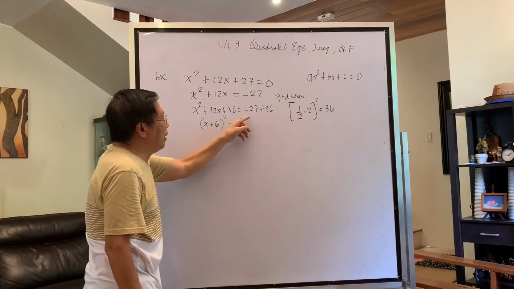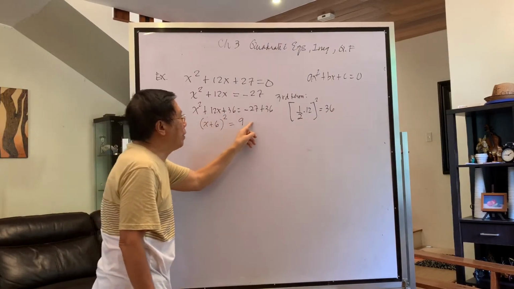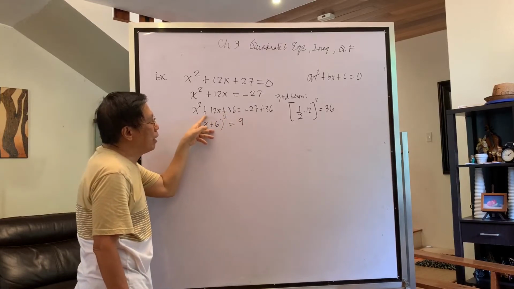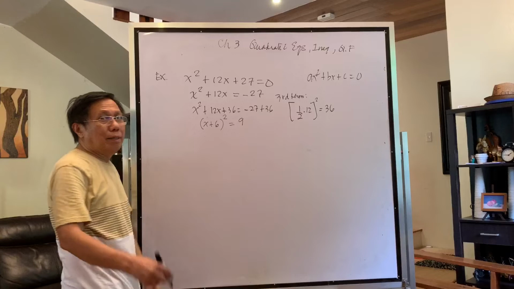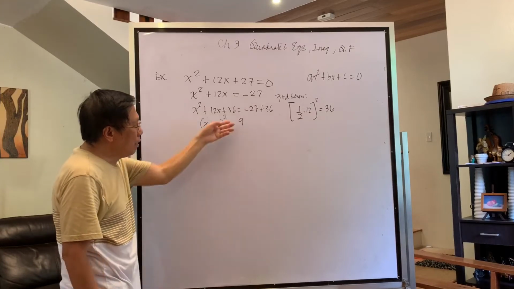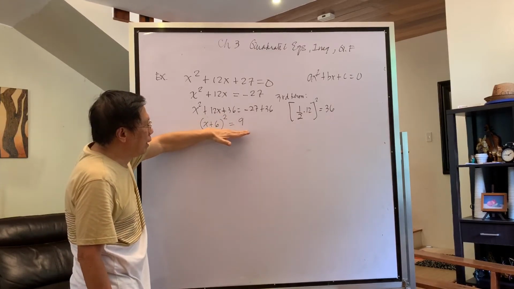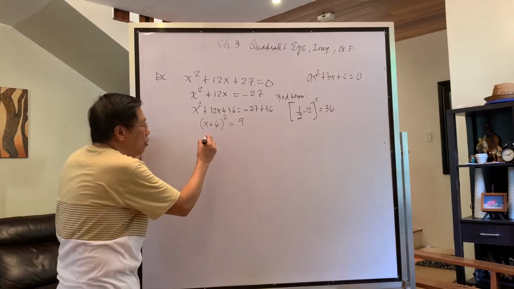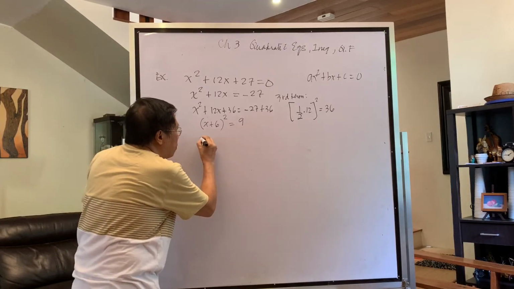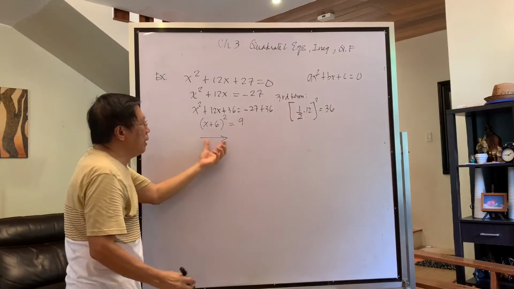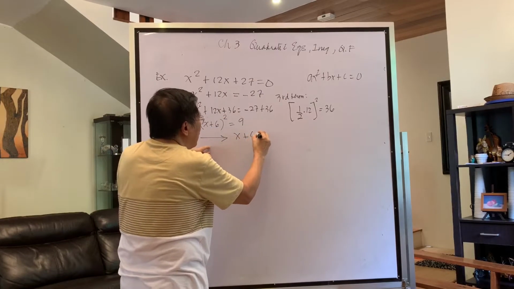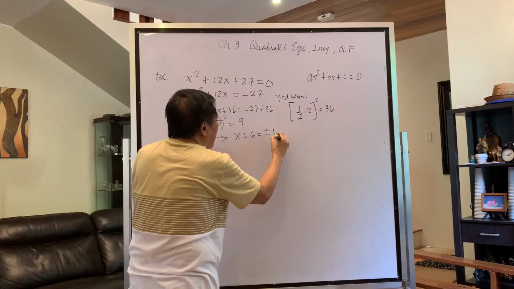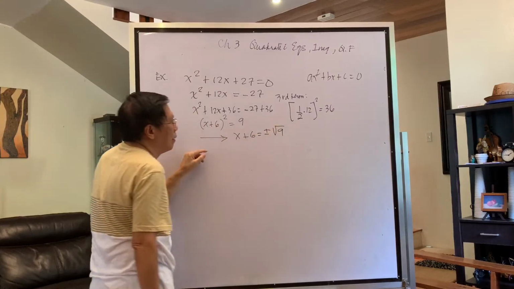Okay, now we are in this form where we can either use extracting roots or using the absolute value. That's your choice. Let's say we extract roots when we get to this point. Extracting roots just implies us to put an arrow here. This means that x plus 6 is equal to plus or minus the square root of 9.